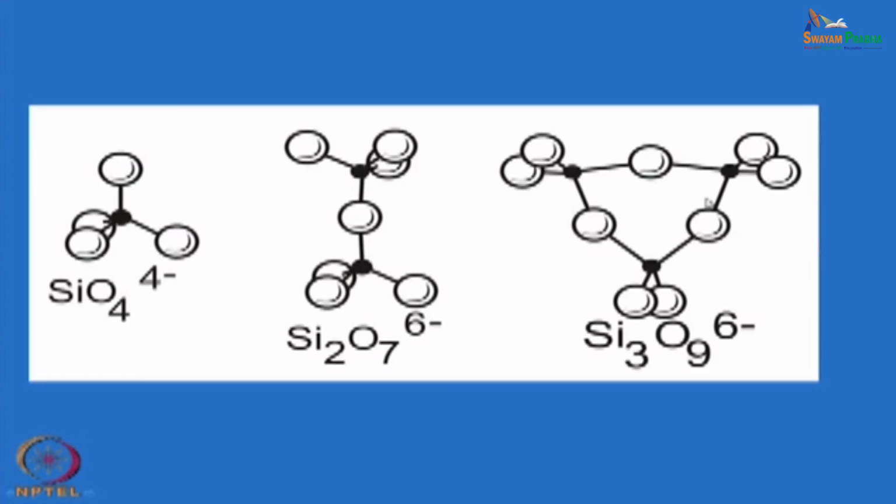In this structure 2 of the 4 oxygen ions of each tetrahedron are being shared by silicon. Okay. So, there is a ring formation, what we call a 3-member ring formation, and the overall unsatisfied charge is 6 minus. So, Si3O9 6 minus.